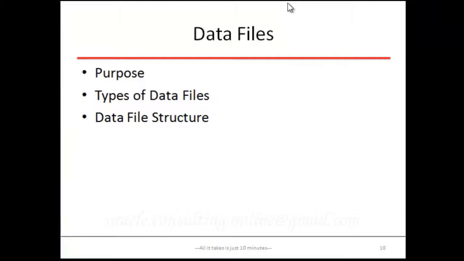When we talk about data files, you have two types of data files. One is the permanent data files, which is typically used to store table data, index data, and so on and so forth. And then you have a temporary data file, which is basically used by the temporary tablespace of the database.